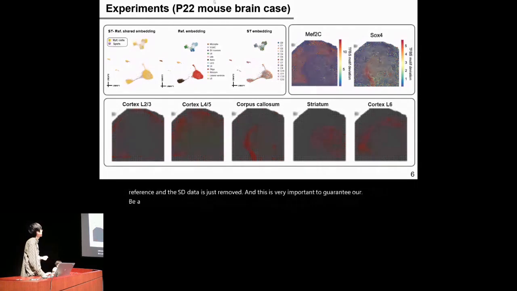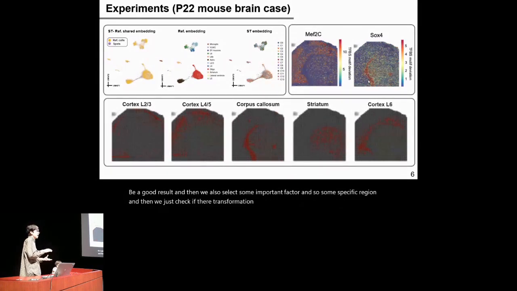Then we also selected some important transcription factors for some specific regions, and checked whether their transcription factor binding site motifs have consistent enrichment in these regions.